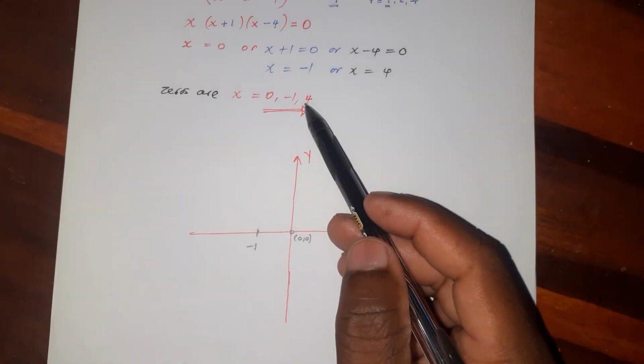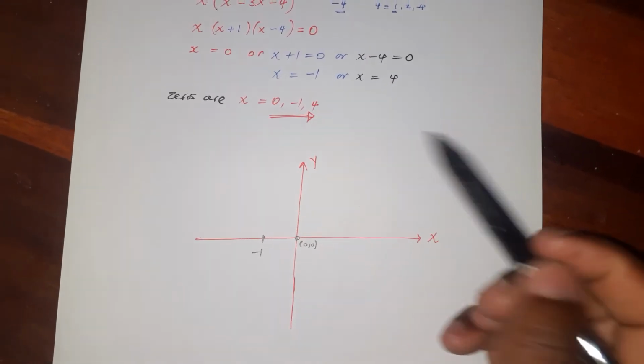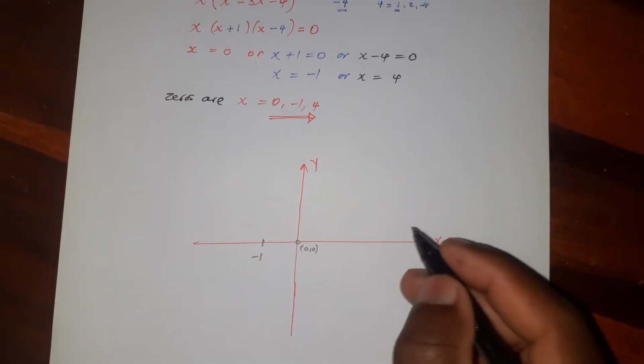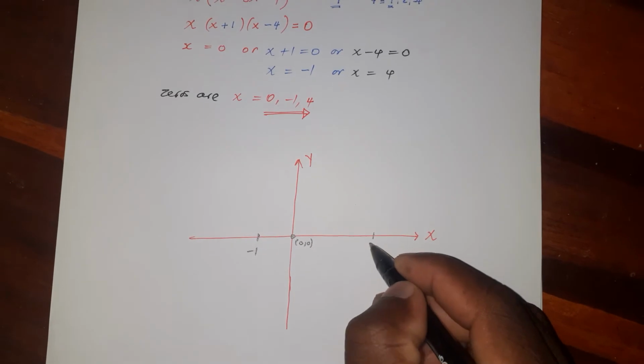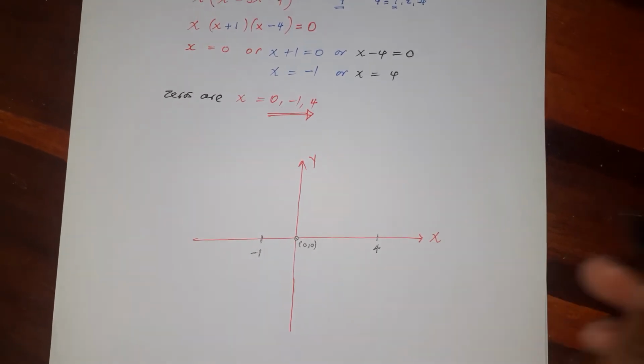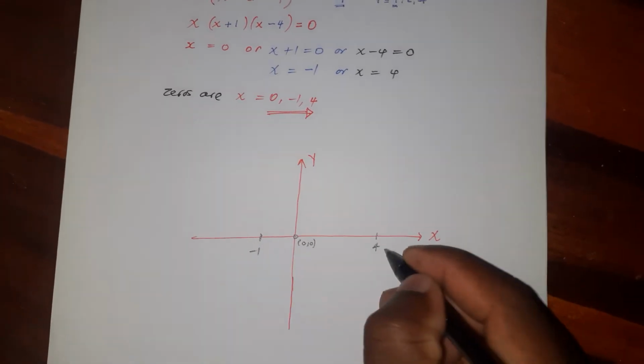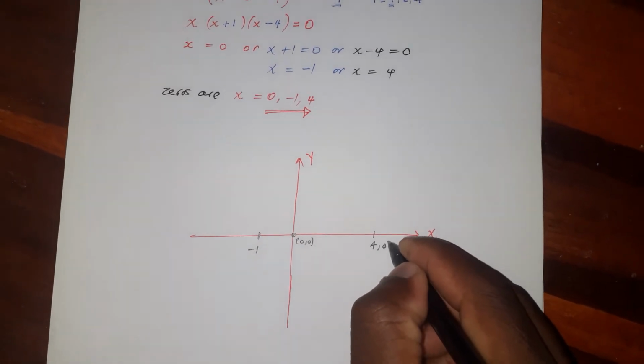The third zero is at 4. x equals 4. So we cannot write our 4 here. Let's write our 4 somewhere here, a bit far from 0.